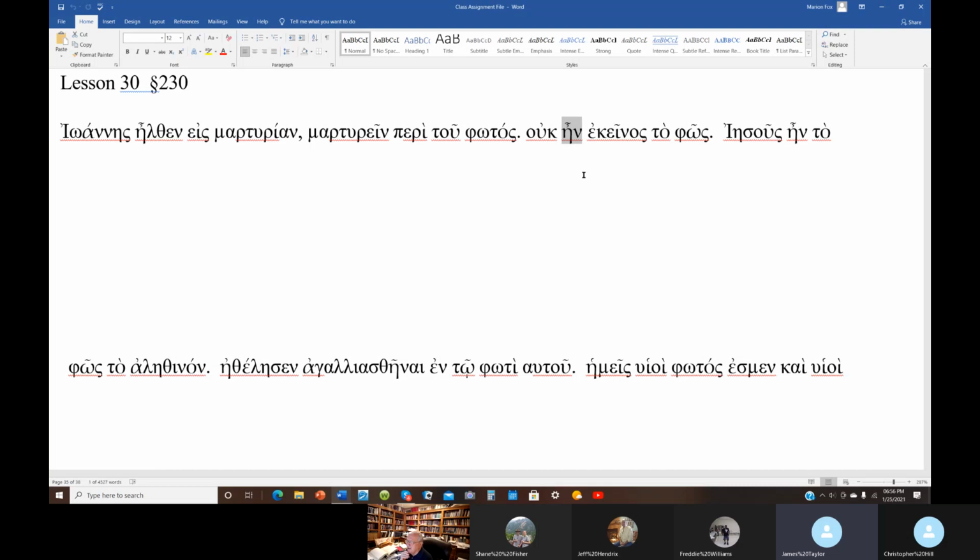Right. Not he was being. Ekeinos is a demonstrative pronoun. Remember, it's either this or that. Which one is it? Help us out, everybody. That, it's the distant one, isn't it? Houtos would be near, correct.